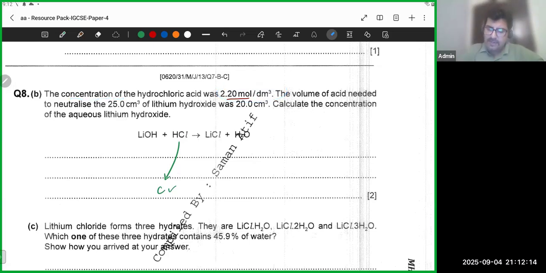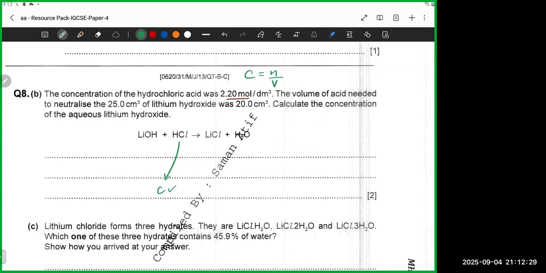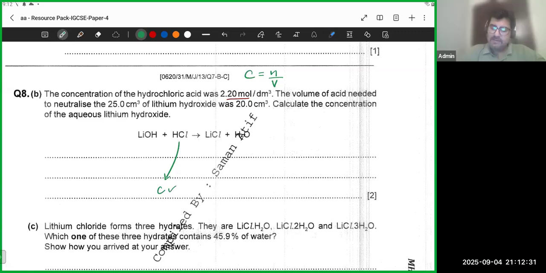But you can't really do much with concentration alone, because concentration is moles over volume, so by just using concentration, you can't find moles. The volume is also given, for the lithium hydroxide as well. So now you can find moles, and that's easy.